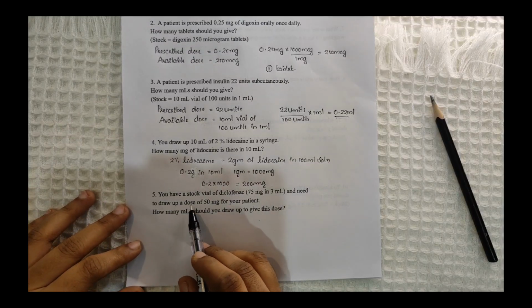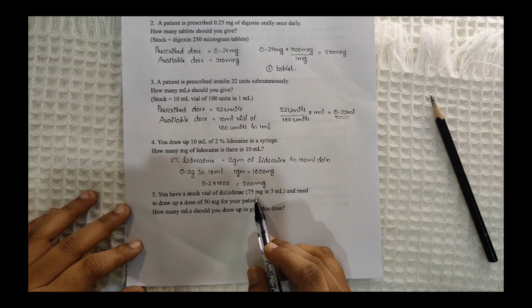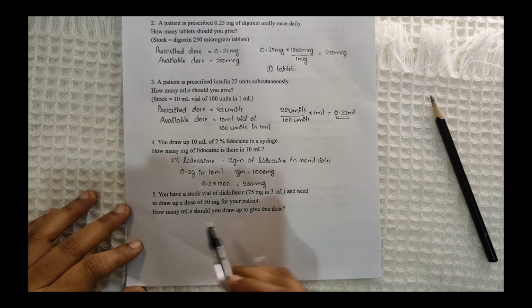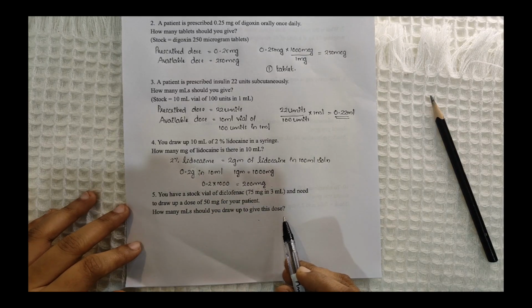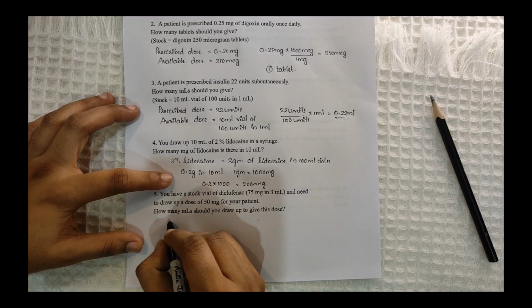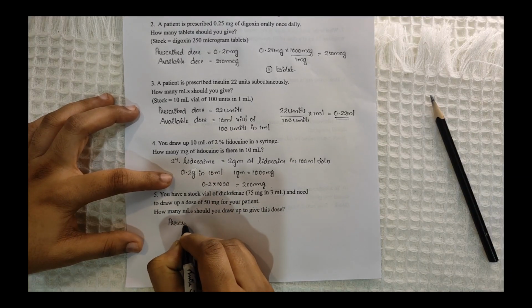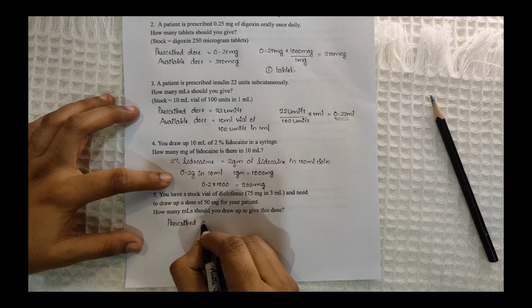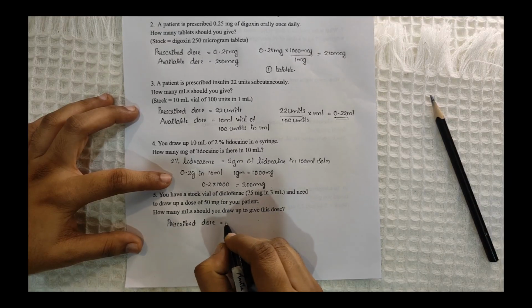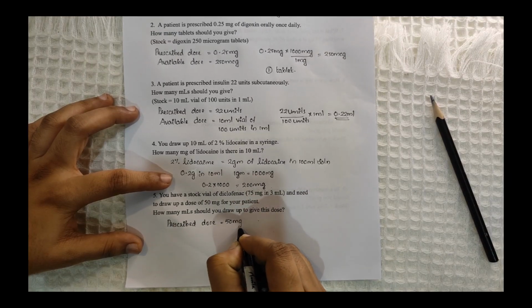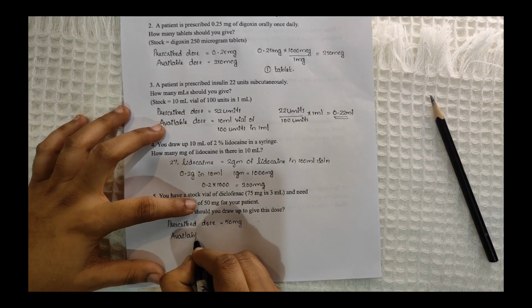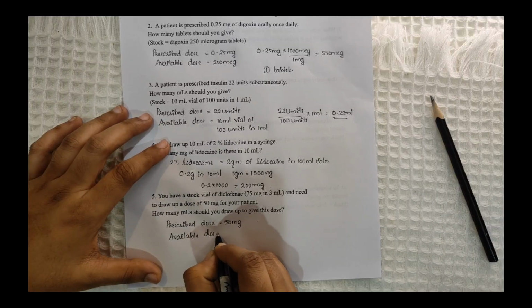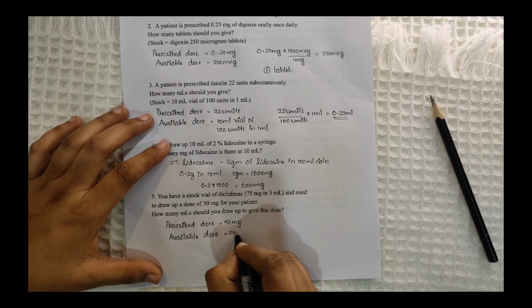Next one is, you have a stock vial of diclofenac that is 75 mg in 3 ml and need to drop a dose of 50 mg for your patient. How many ml should you drop to give this dose? So it's an easy question. The prescribed dose is equal to 50 mg and the available dose is equal to 75 mg.